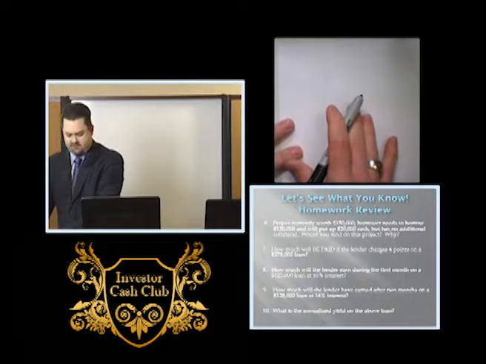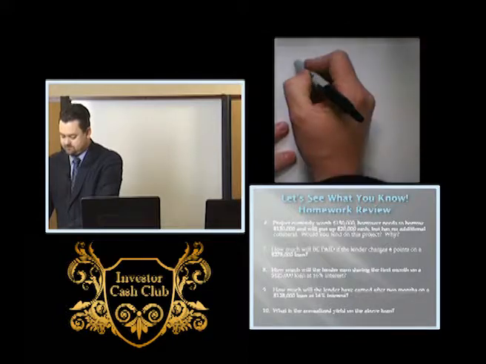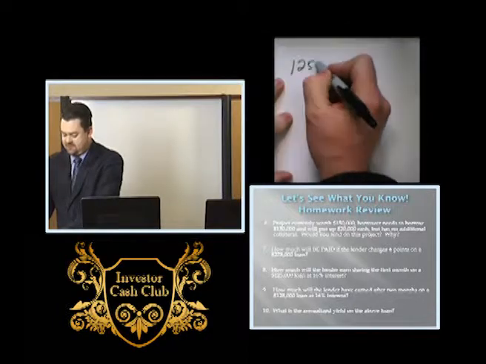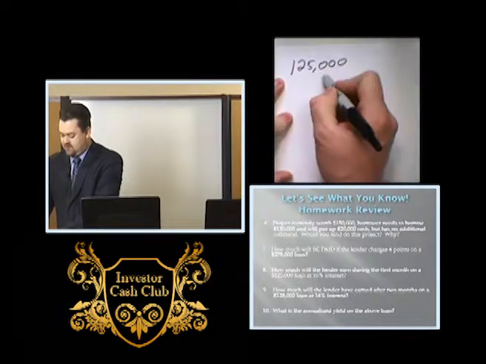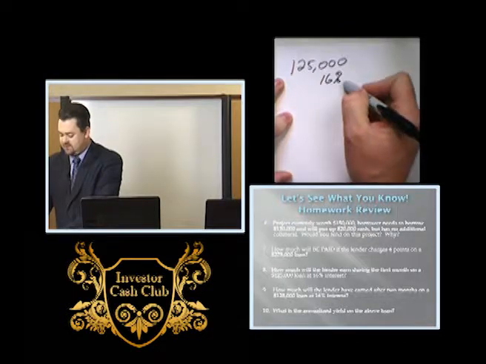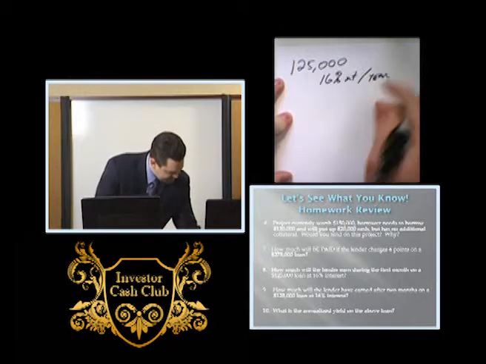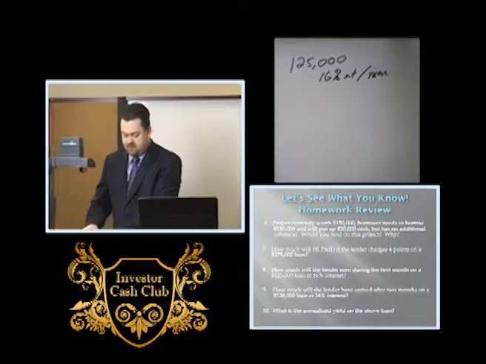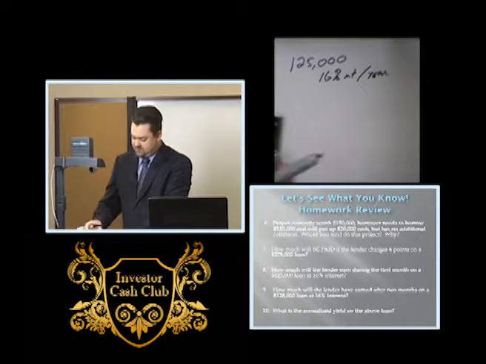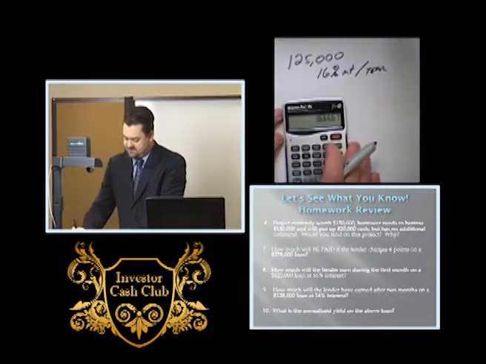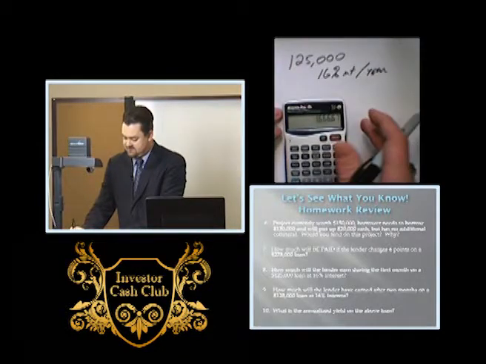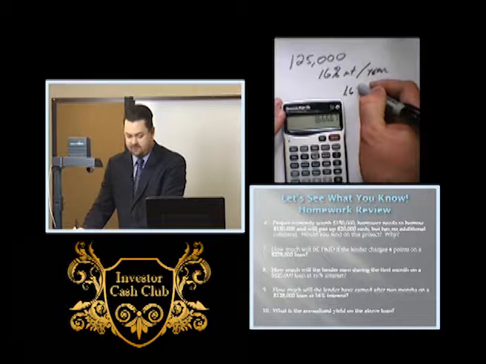All right, so let me show you how this breaks down. We've got a $125,000 loan, and we're charging 16% interest, and remember that is per year, so that's 16% interest per annum. We're going to take the 125 at 16%, which gives us $1,666.67 monthly.